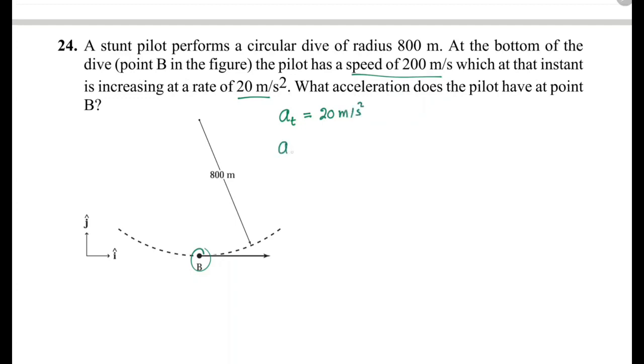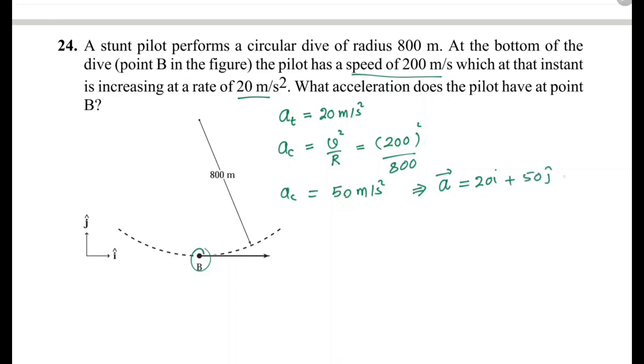So the central acceleration in this case is equal to V squared over R, or 200 squared divided by 800, and A central is equal to 50 meters per second squared. So the acceleration as a vector is equal to 20i plus 50j meters per second squared.